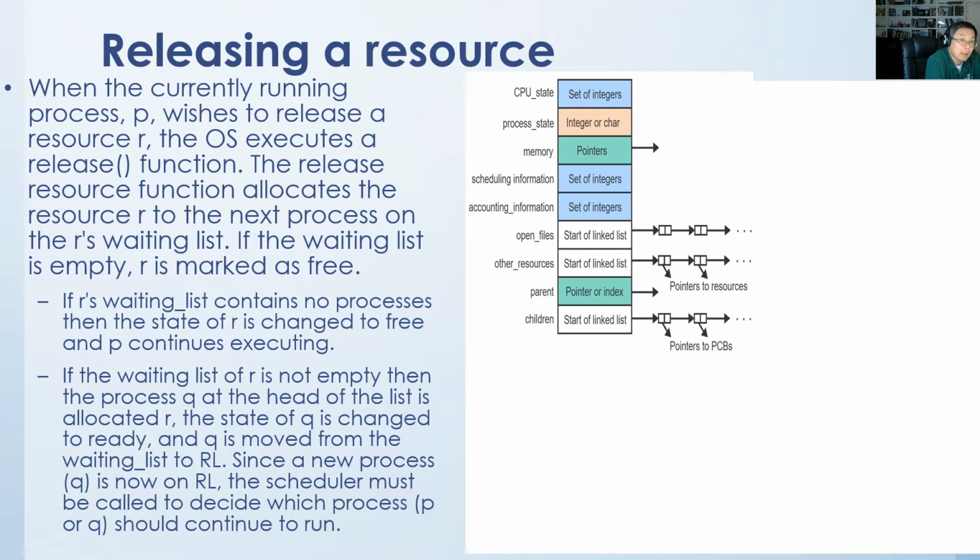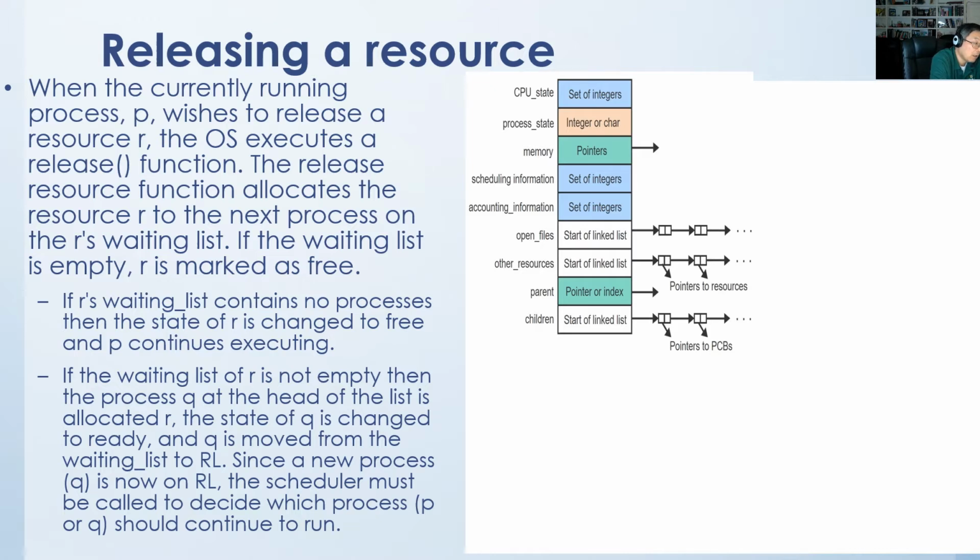Okay, let's take a look at another scenario. We know that a process can request a resource, and then it will modify the related list, modify the PCBs and modify the RCBs. We actually discussed this in the previous slide. Now, what about when a process tries to release a resource?